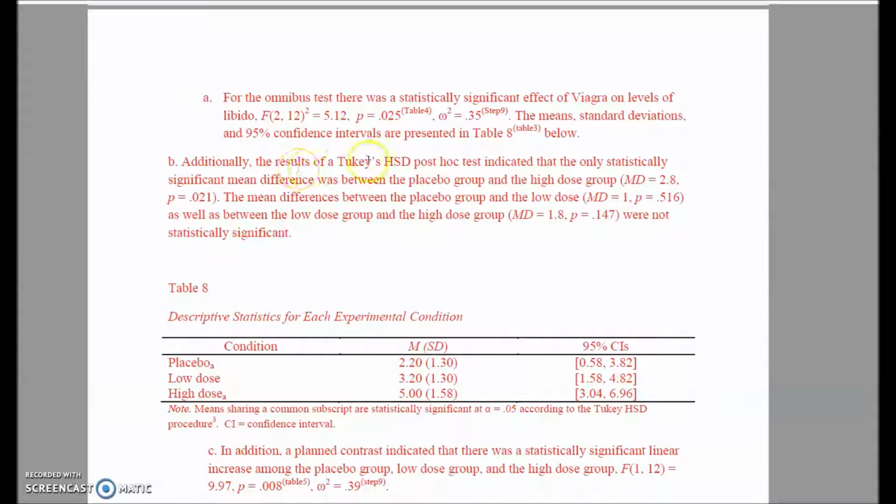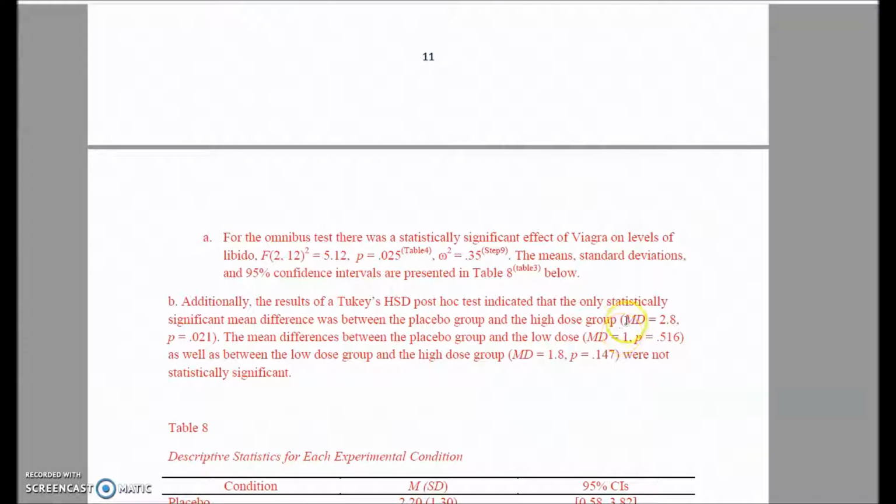So additionally, the results of Tukey's HSD post hoc test indicated that the only statistically significant mean difference was between the placebo group and the high dose. Sorry, this is the mean difference, 2.8, comma, P is equal to this.